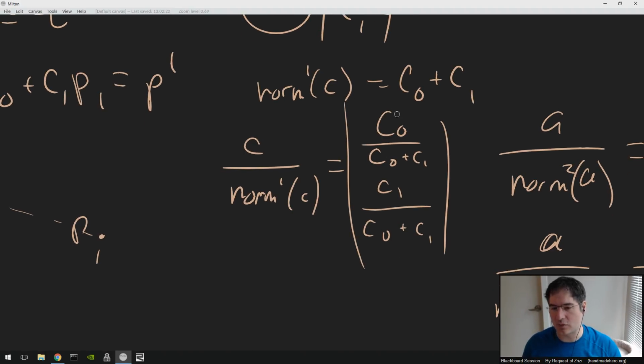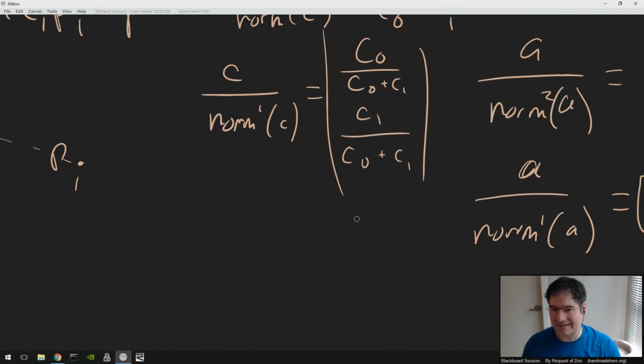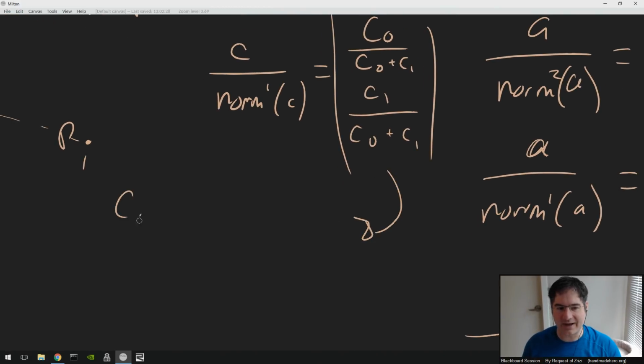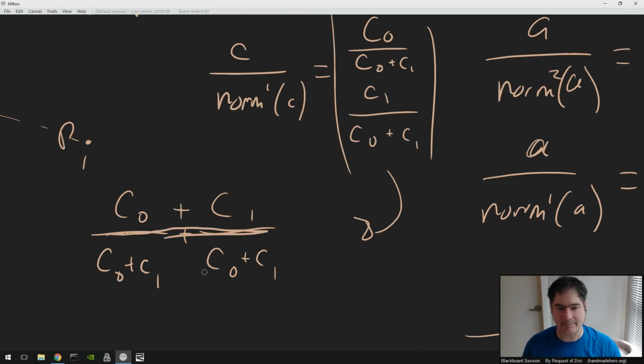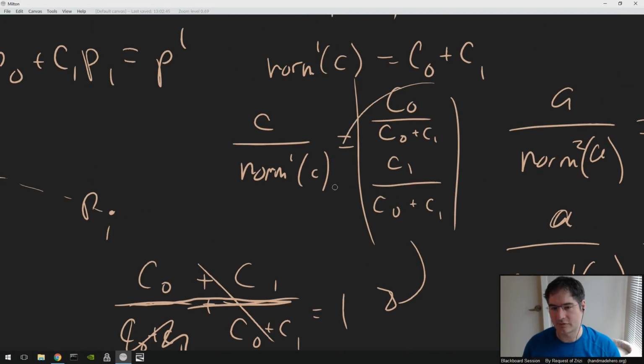I know that it always has to sum to 1. You can see this trivially by inspection. If I add these 2 terms together, not knowing what their components are or anything else about them, you can see that they both have the same denominator, so they would add directly on top, and C0 plus C1 over C0 plus C1 is 1. So we know that that actually happens, okay?